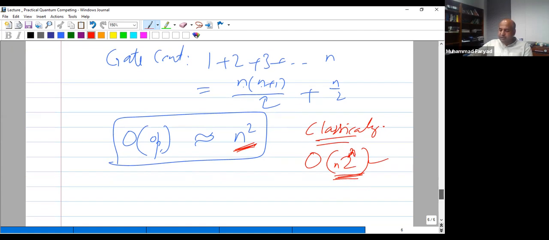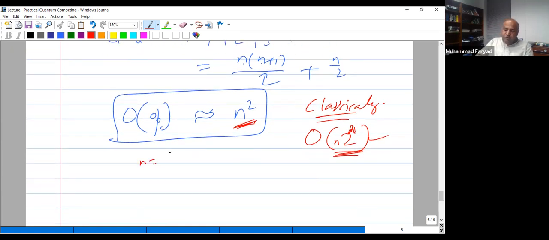not important, because let's say n is equal to 1 million. There is a number that can be represented using 1 million bits, and you want to find its Fourier transform. Quantum mechanically, it will only take 1 million power 2. But over here, it will take 10 power 6 into 2 power 10 power 6. This 2 power 10 power 6 is a number that is even hard to write on this notebook.